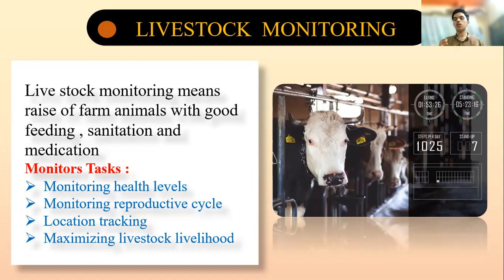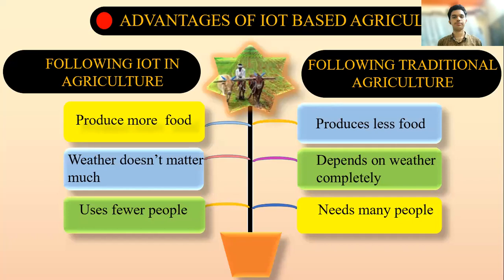It also focuses on the health of that particular animal. By implementing this technique, farmers who maintain dairies, etc., can be more profitable than by using normal techniques. Okay, next one. In this, we are going to discuss how IoT agriculture is better than traditional agriculture.